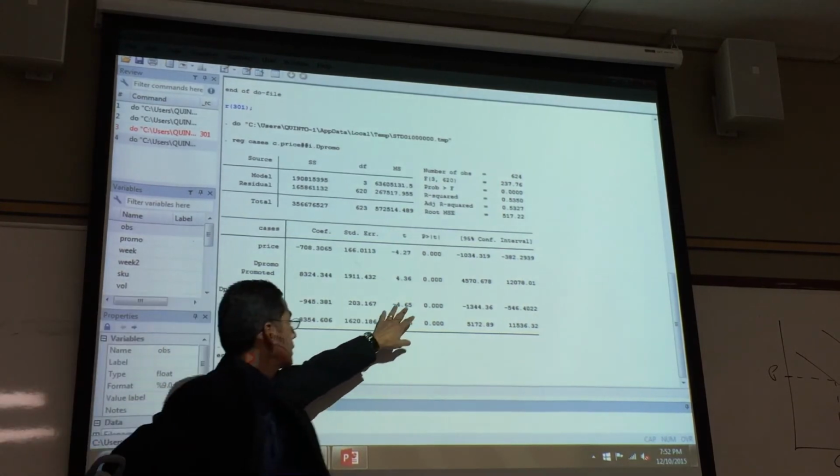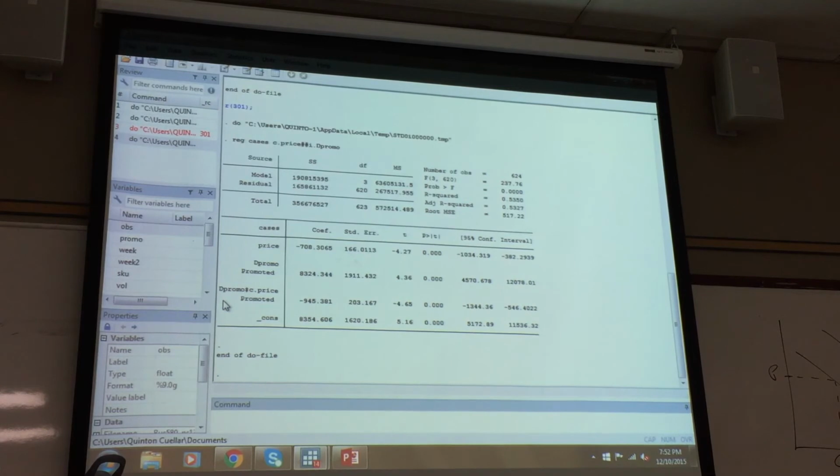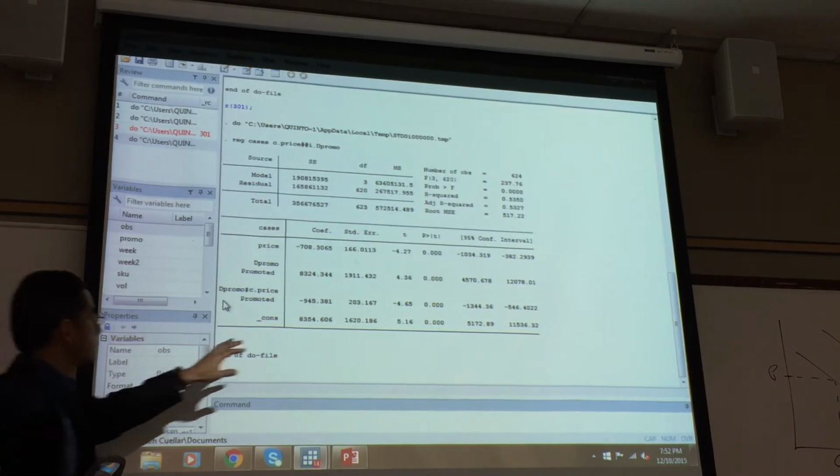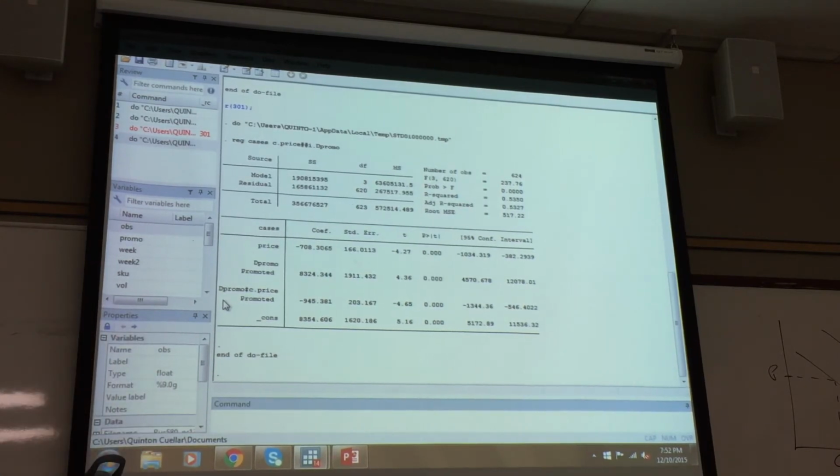And it's statistically significant. What does that tell us? What does this term tell us? That's how many cases you're going to sell when it's promoted and the price is reduced.